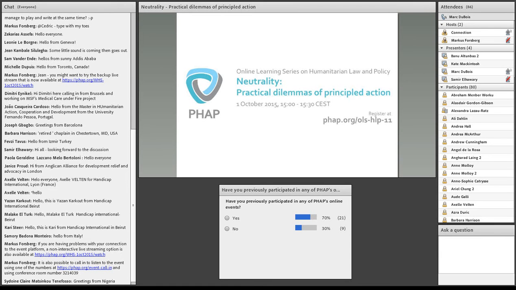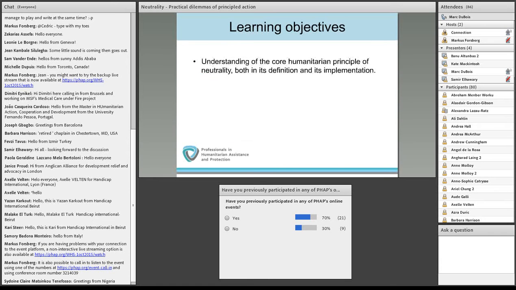So, the learning objectives for today. The first learning objective is understanding the core humanitarian principle of neutrality, both in its definition and in its implementation. The second is to understand examples of the practical implications of neutrality when you're trying to operationalize it on the ground.